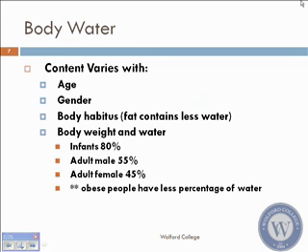Body water content varies with age. A younger person, like a baby, has a very high water content in comparison to an adult. As you get older, the water content reduces. Also, water content depends on gender. Patients with different body habitus contain different quantities of water.